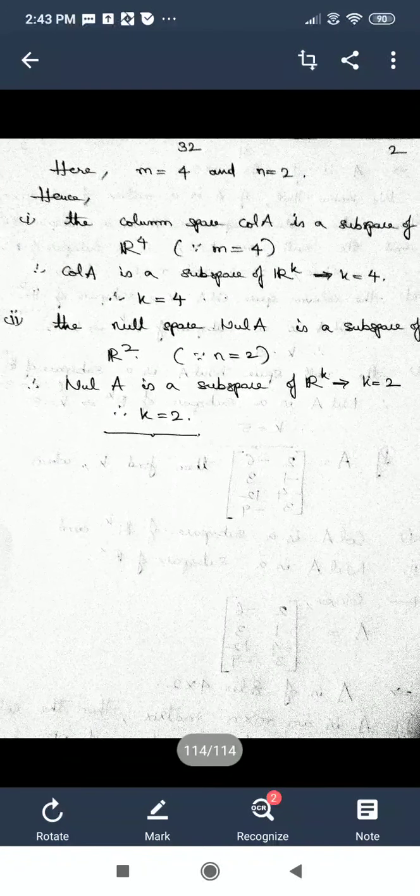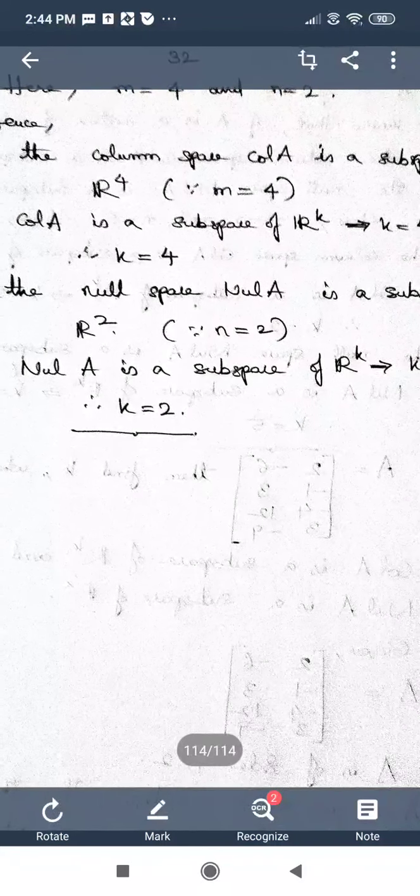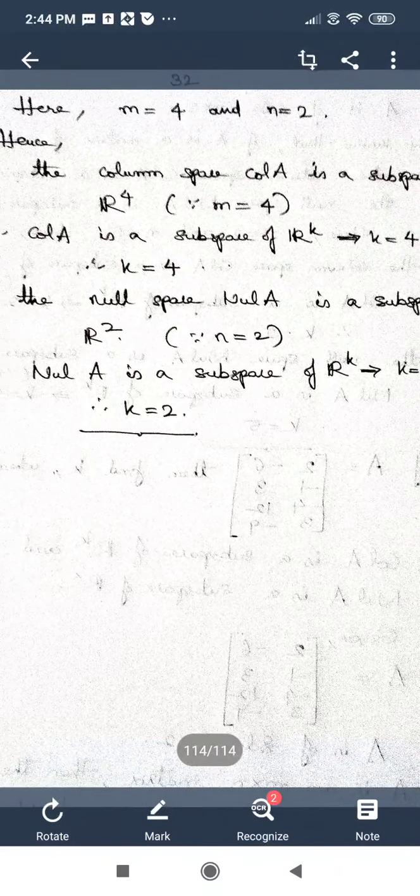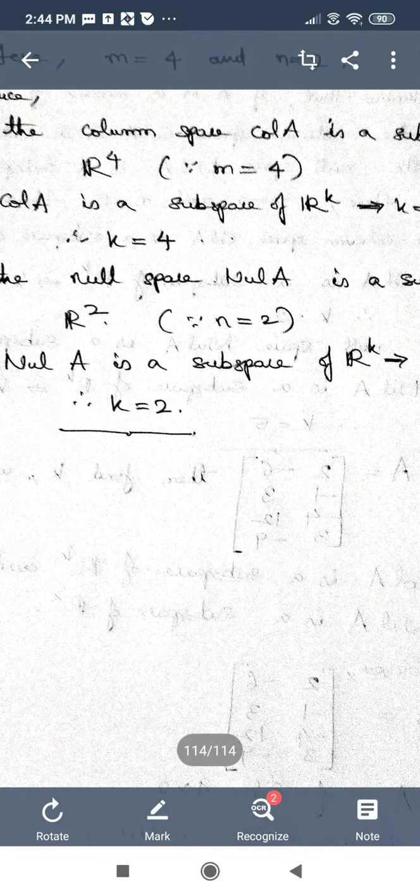Now moving on to the second bit, the null space null A is a subspace of Rn. What is Rm, Rn, what are all these things?